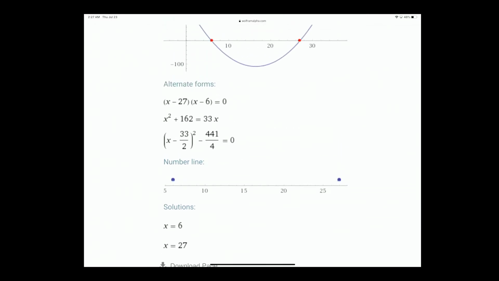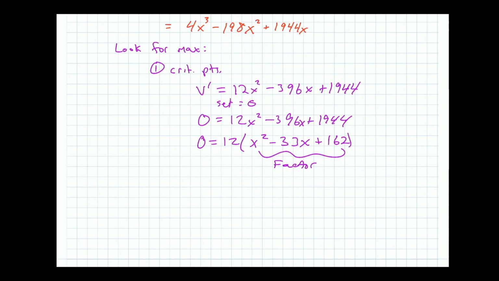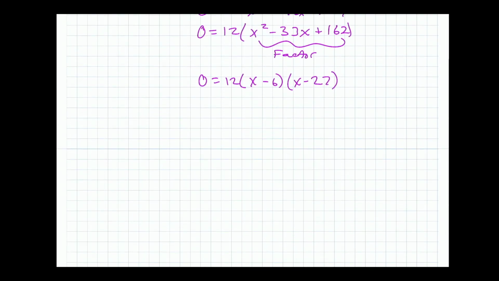It does factor. 6 times 27 is 162, and minus 6 minus 27 is negative 33. All right, so 6 and 27, huh? So this is 0 equals 12(x minus 6)(x minus 27). Why didn't we just do that in our heads? It did factor, but I just did it on a computer because I'm lazy.